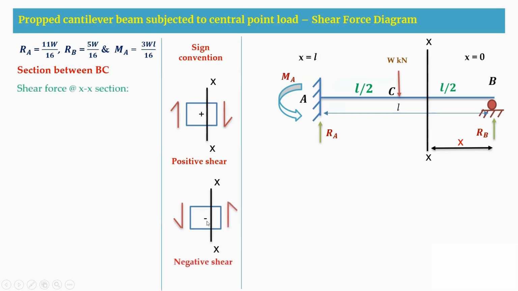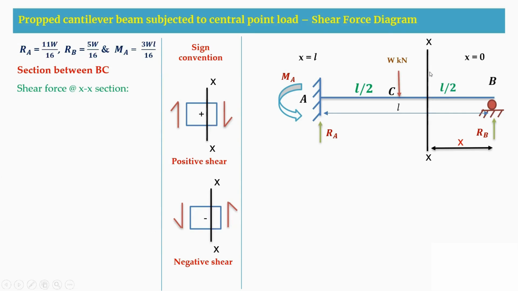And for negative shear, when the arrow is in the anti-clockwise direction, then this shear is considered negative. This is how we are going to take the sign convention.